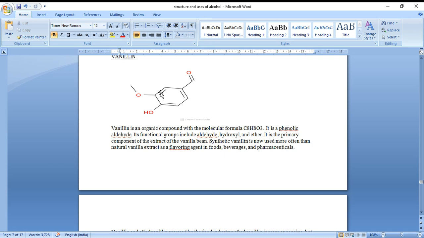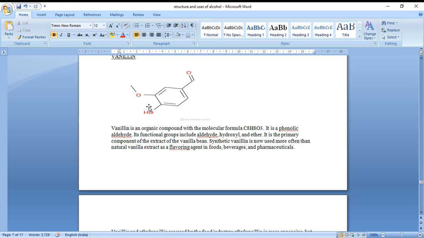What is a phenol? An aromatic ring which is directly attached to the OH is called a phenol. Its functional groups include aldehyde. So this is an aldehyde, this is hydroxyl, and this is an ether. Ether is nothing but ROR. So this is C6H5, this is O and this is CH3.